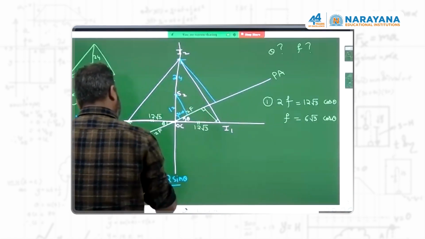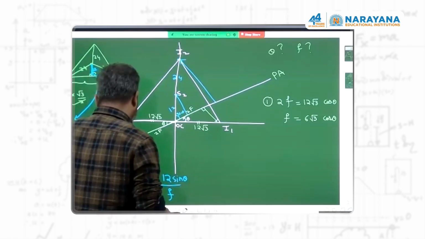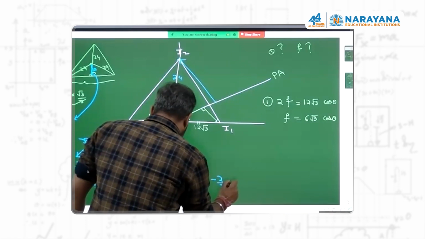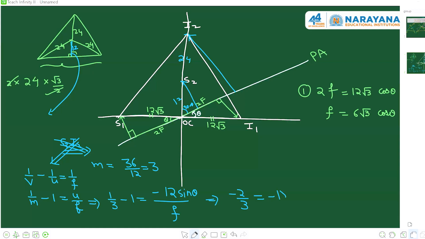This is the object location. This distance is 12 sine theta. So that basically tells me that minus 2 by 3 is minus 12 sine theta divided by f. So what is the second equation which I am getting? f from here is coming out as 18 sine theta.